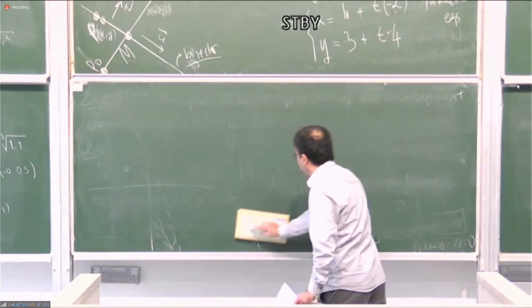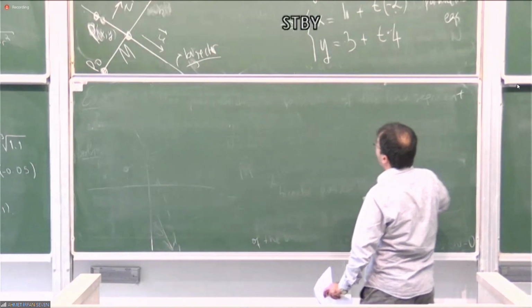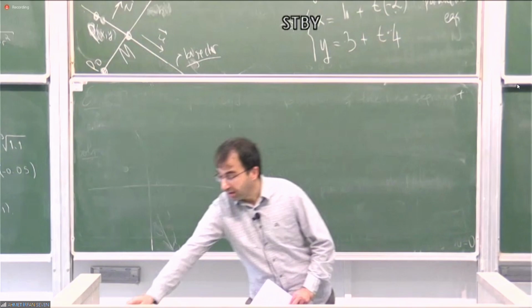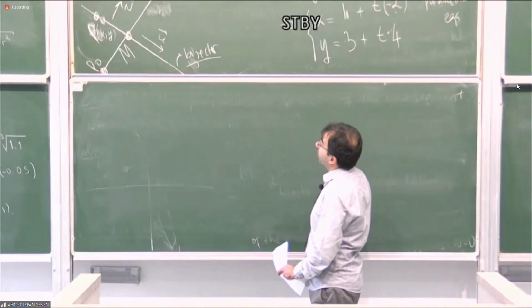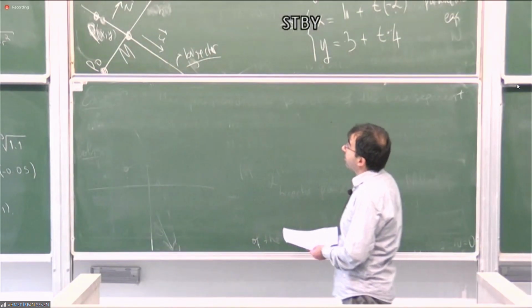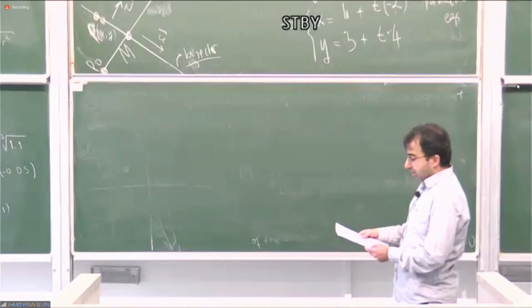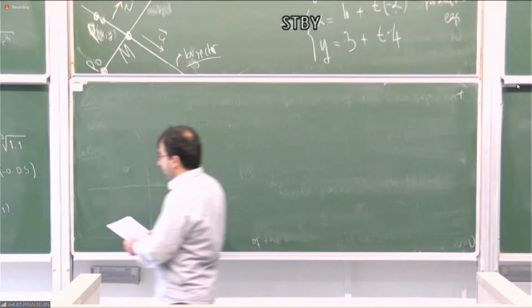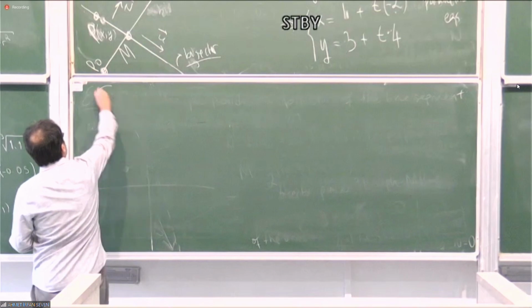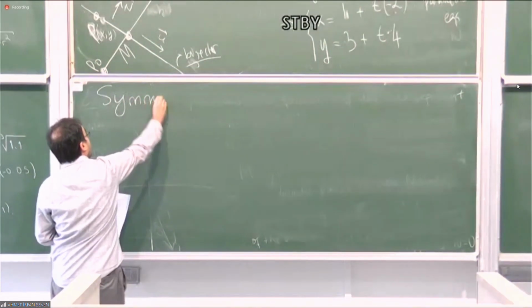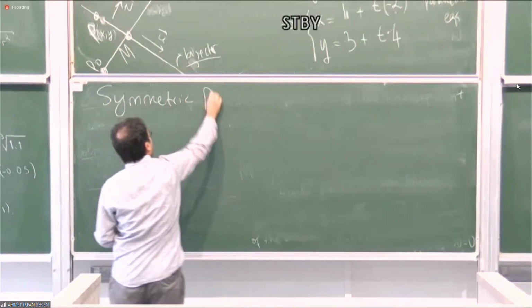Regarding this perpendicular bisector, all we need to keep in mind is that it will pass through the midpoint, and its direction vector will be perpendicular to the line segment PQ.